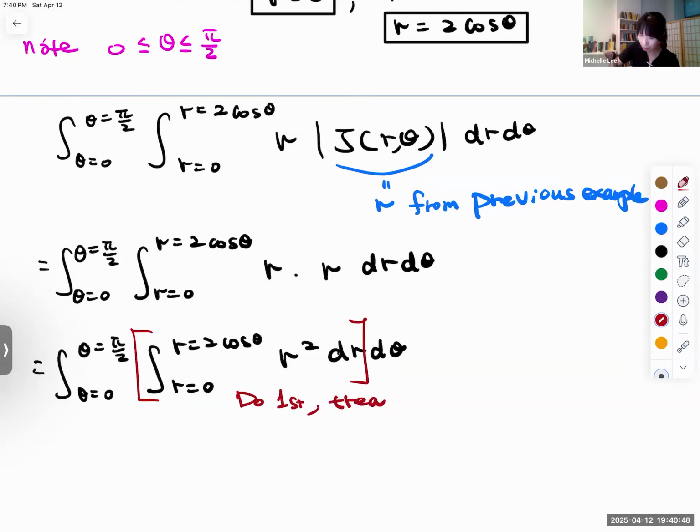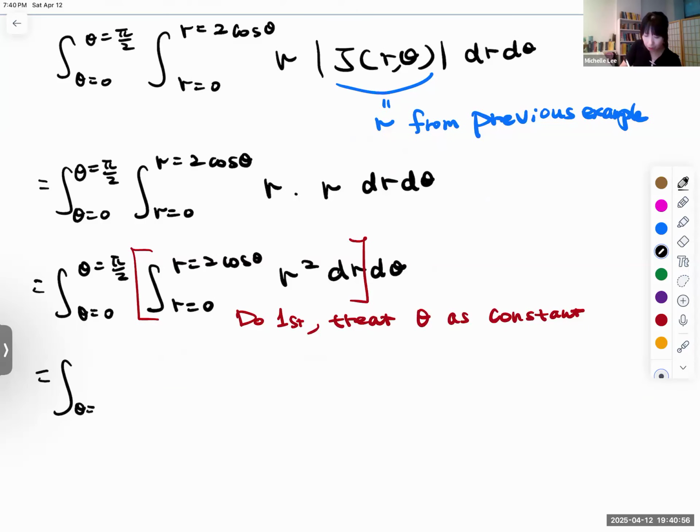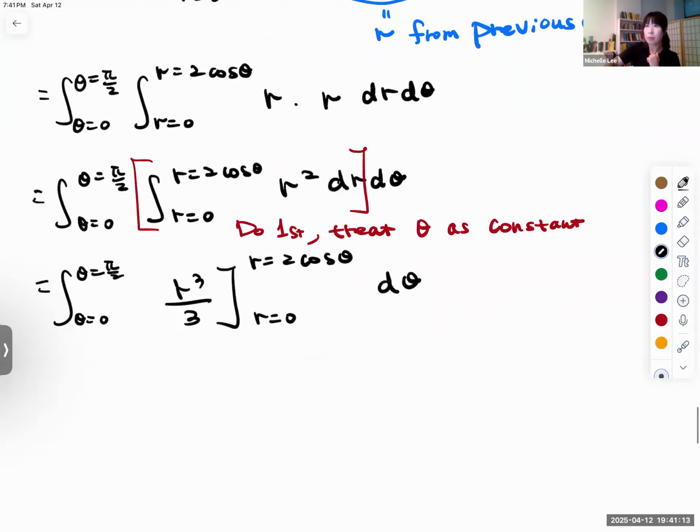Then we treat theta as constant, right? Okay, so there will be theta equal to 0 to pi over 2 and r to the third power over 3 from 0 to 2 cosine theta d theta, right?